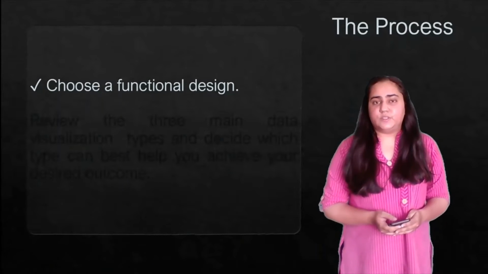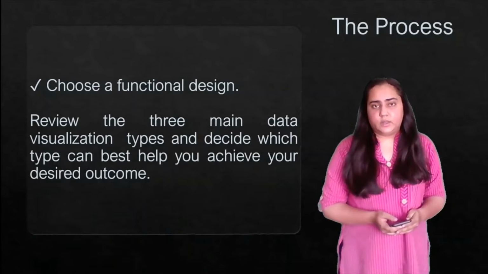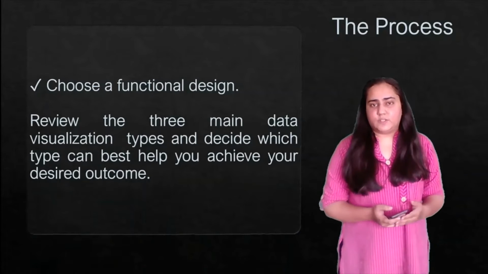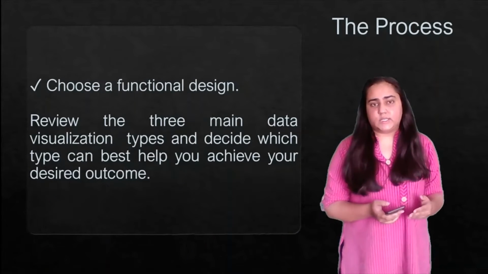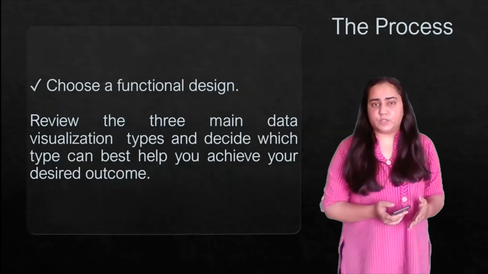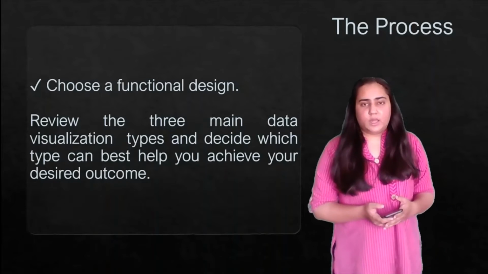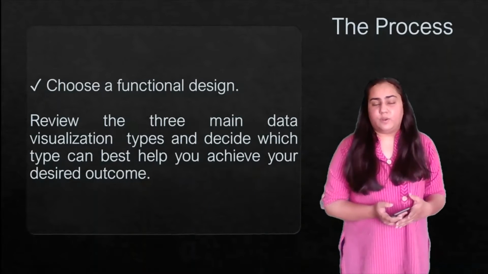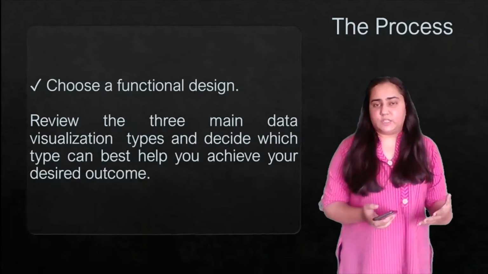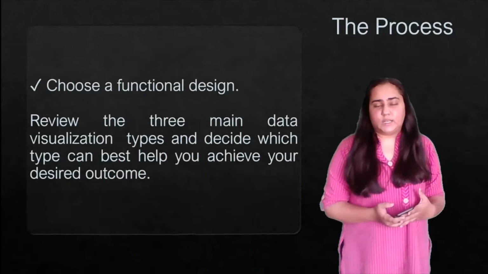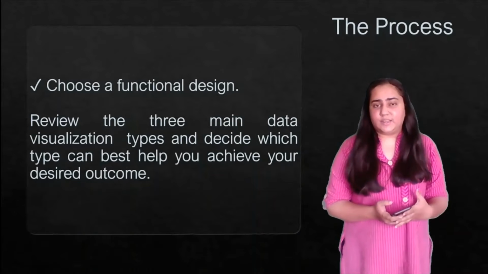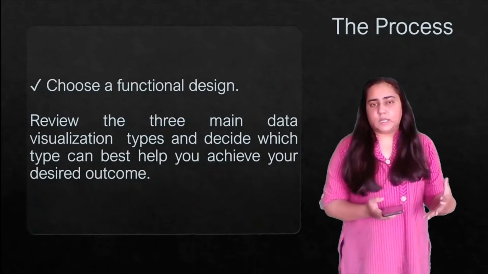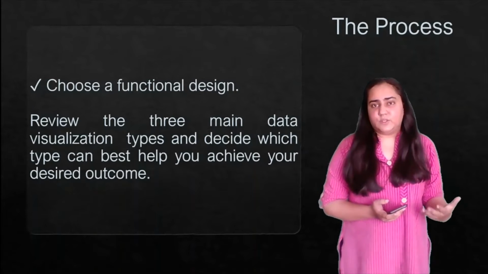Next thing is to choose a functional design. Review the three main data visualization types and then decide which type can best help you achieve your desired outcome. And this is something that we saw in the previous video where I explained to you the three types of data visualizations, storytelling, one is related to analytics. So it depends on what kind of audience you have.